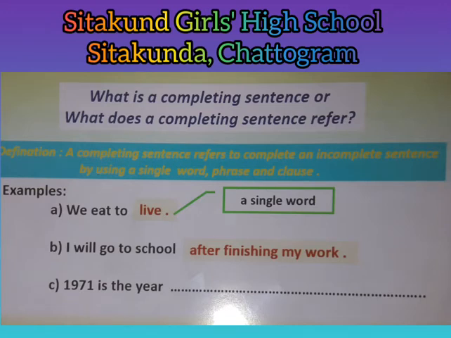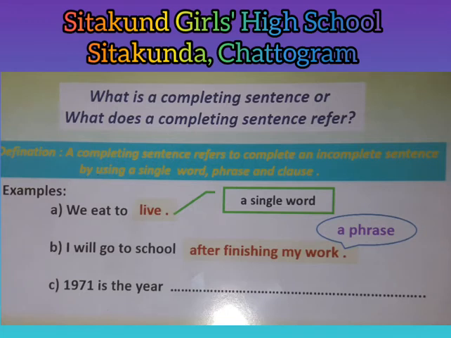If you write this phrase, the whole sentence can easily give us a suitable meaning. Here, after finishing my work is a phrase. That means you can easily complete an incomplete sentence by writing a phrase.